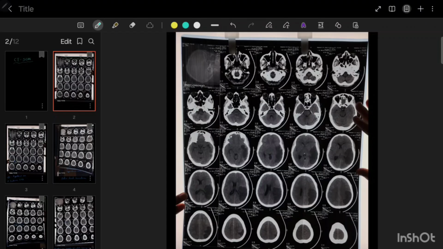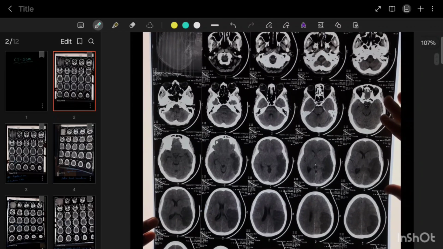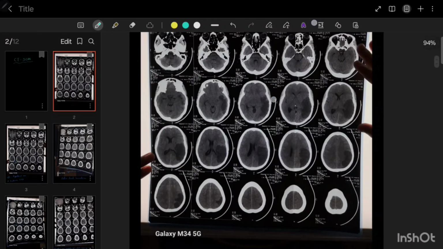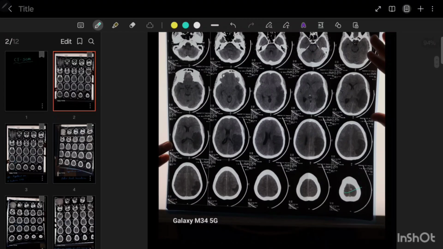So this is a CT scan plate and let's see a few basic things. It is a slicing of the brain, okay? These images are slices of the brain from the leg side to upper, meaning here it is the base of the skull and here it is the upper portion of the skull.